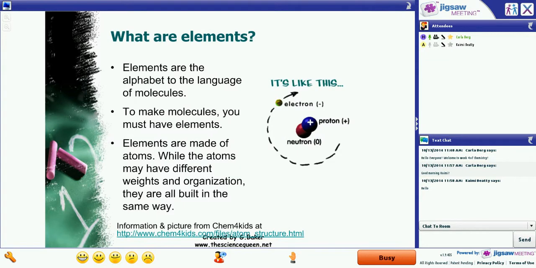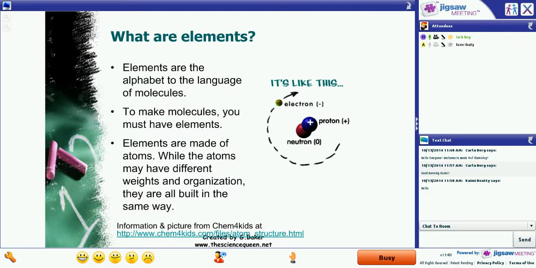So what exactly is an element? Well, elements are the alphabet to the language of molecules. To make up molecules, you must have elements. Just like to make up words, you have to have letters. In order to spell the word elements, you need the E, the L, the E, the M, the E, the N, the T, the S. In order to make up water, you need 2 hydrogens and an oxygen.